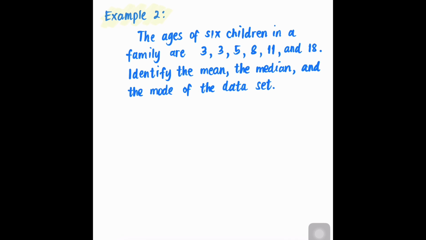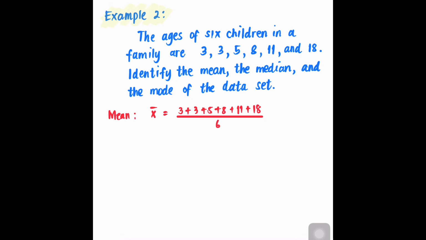Okay, so to identify the mean, we simply add the given values. So we have 3 plus 3 plus 5 plus 8 plus 11 plus 18 divided by the total number of values given, which is 6.